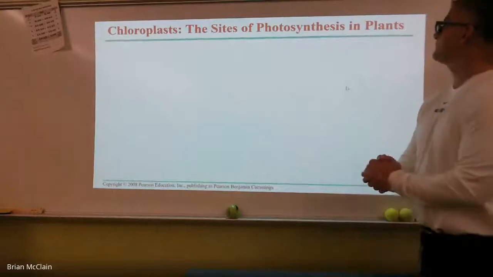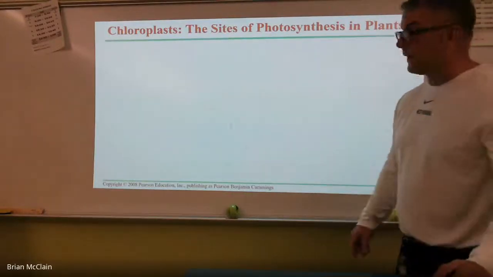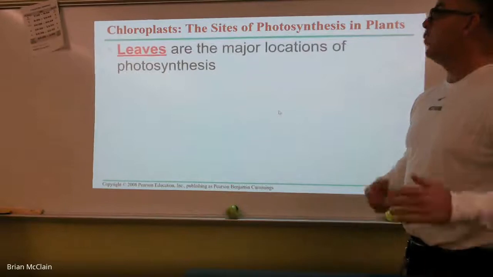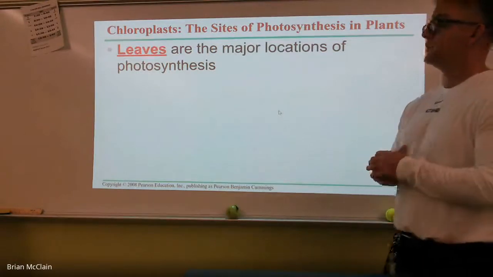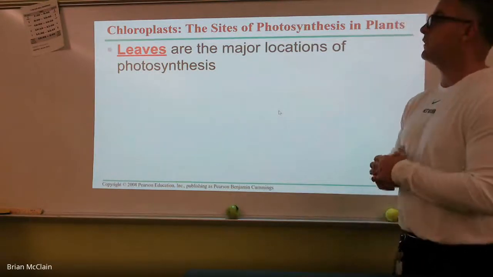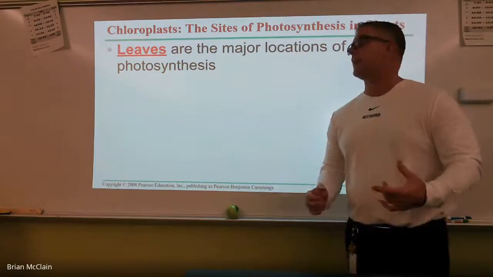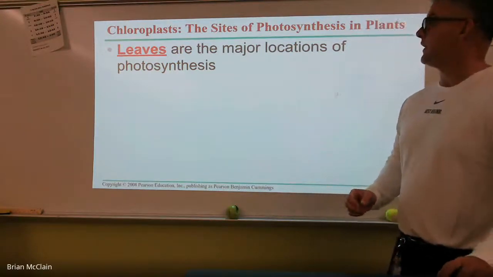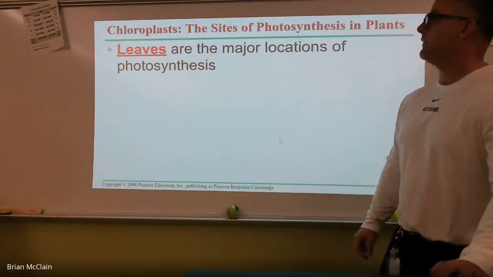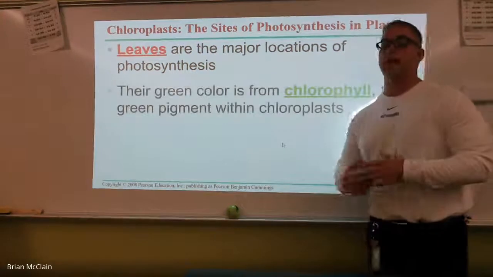Okay, so I think we need to start by looking really closely at where this takes place. Of course, it's occurring in the chloroplast. When we think about the structures in a plant where photosynthesis is primarily taking place, the leaf structures are going to be your major location.